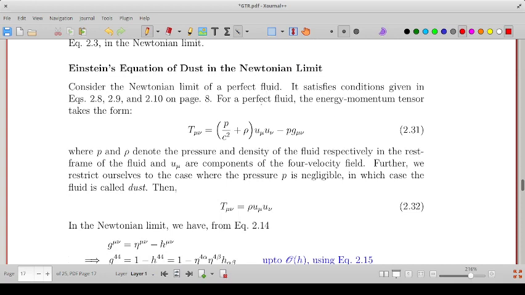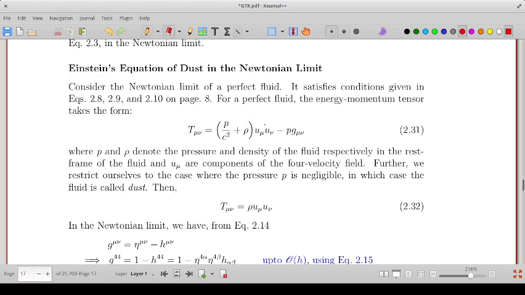First of all, we consider a perfect fluid, and the energy momentum tensor of a perfect fluid, as we have already seen, is given by (P/c² + ρ) U^μ U^ν − P g^μν, where P is the pressure measured in the rest frame of the fluid element, and ρ is also the density measured in the rest frame of the fluid element.